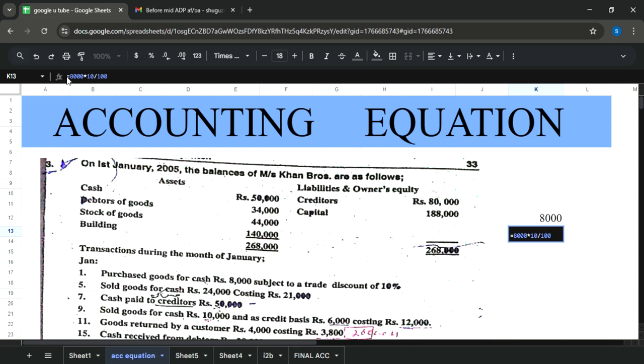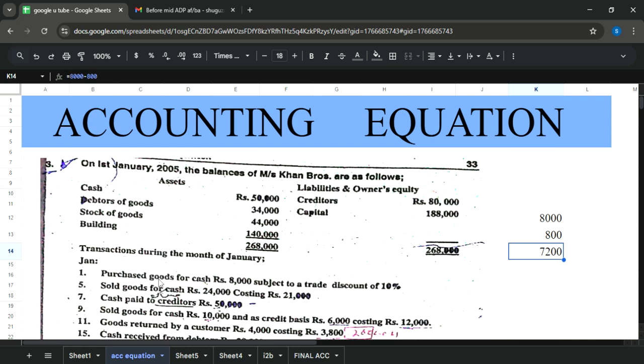Why multiply by 10? Because a 10% discount was given in your question. This is your discount. Now the net amount would be 8,000 original amount minus 800 discount. So we have got 7,200 as the net amount.